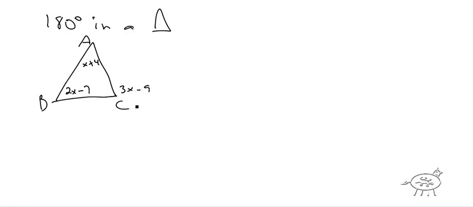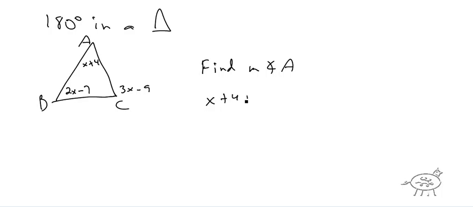If I give you a nice triangle like this, and I say this is x plus 4, and this is 2x minus 7, and this is 3x minus 9, and I say that's A, B, and C, and find the measure of angle A. You're just going to set them all equal to 180.